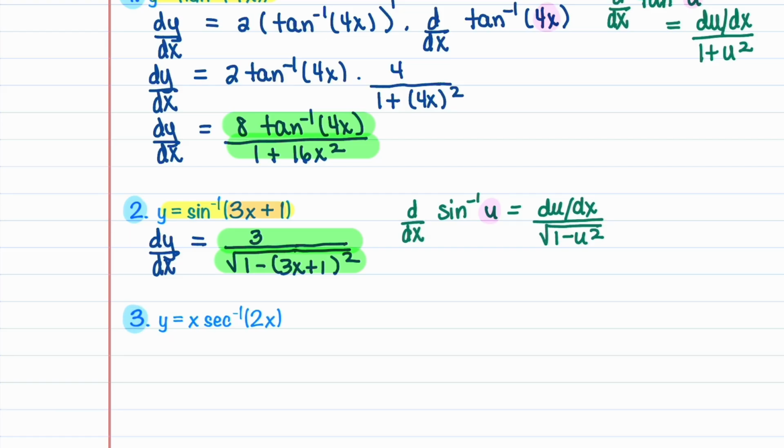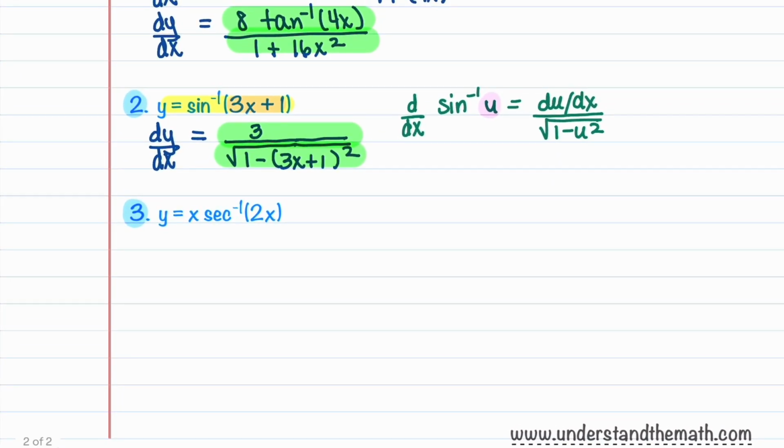Let's now look at our third example. We are going to take the derivative of the function y is equal to x times inverse secant of 2x. On the left, we are going to have dy/dx, and then notice that we have two functions here on the right. We have an x and we have an inverse secant of 2x.